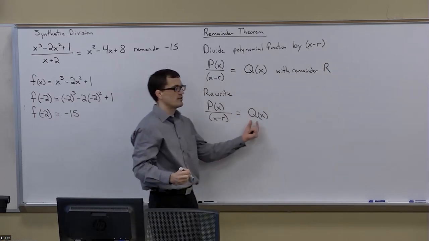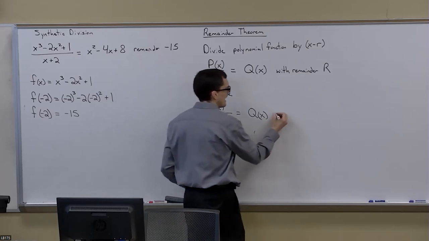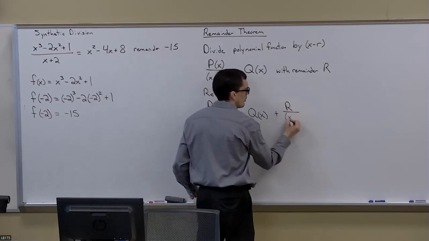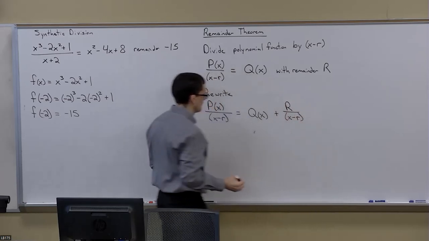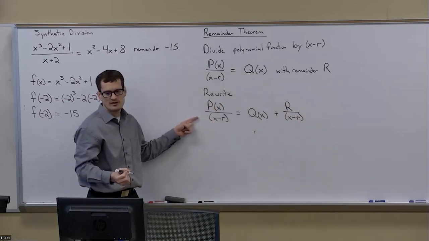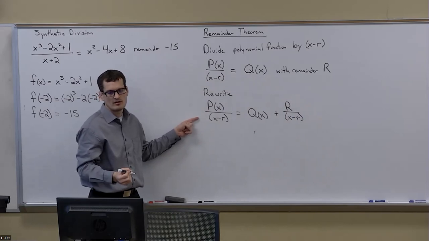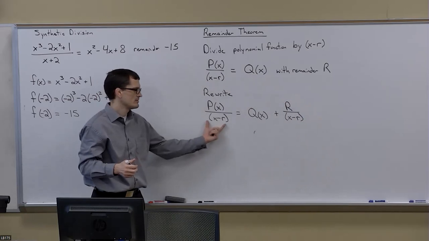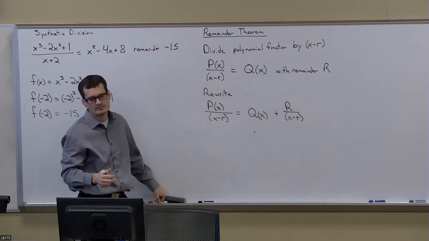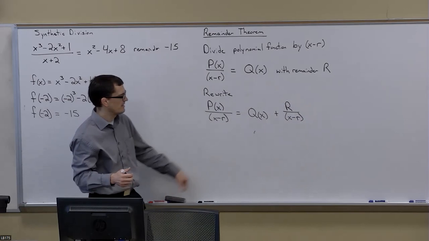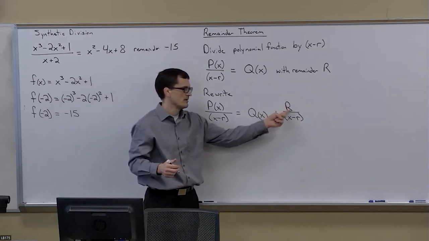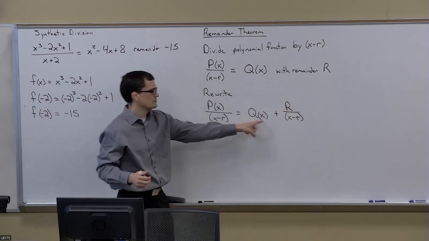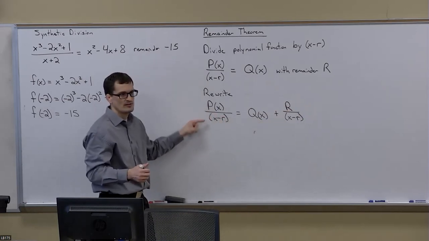It means I have to take Q of X and then I have to add on a fraction of R over X minus lowercase r to get this. That's what a remainder means in this scenario. That if I take this polynomial plus remainder over x minus r, algebraically that would be the same as this.